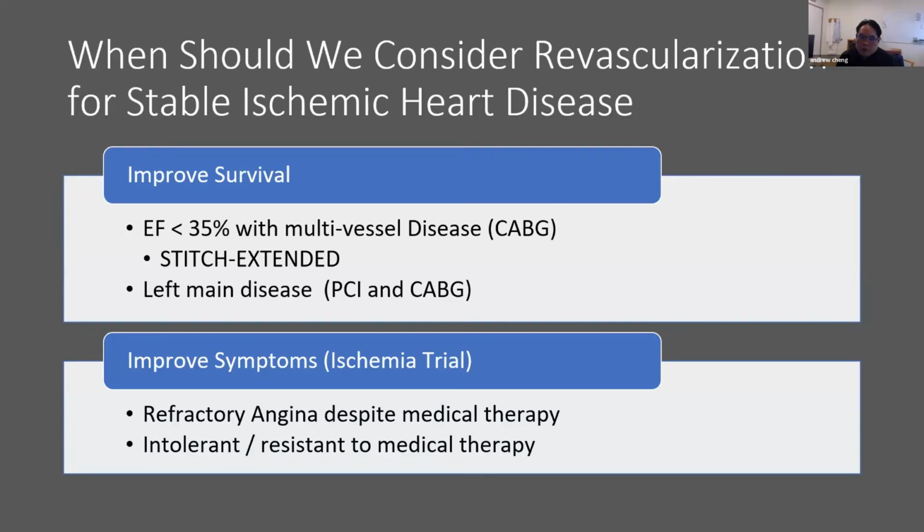So the other reason we revascularize patients for stable ischemic heart disease is to improve symptoms. And it's recommended to do revascularization if they have refractory angina despite medical therapy or are intolerant or resistant to medical therapy.